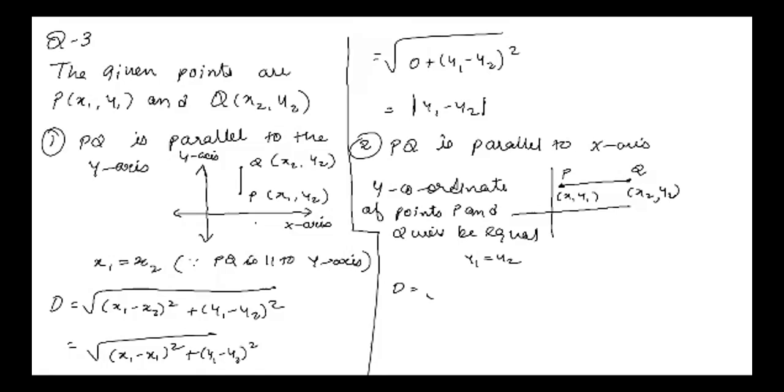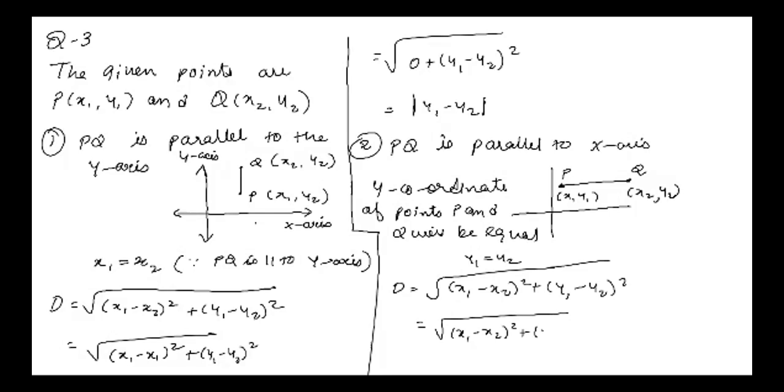So, if I apply the distance formula, (x1 minus x2) whole square plus (y1 minus y2) whole square. As I did earlier, this y1 minus y2 will become y1 minus y1 whole square. I can replace the value of y2 as y1, and y1 minus y1 will give me 0.